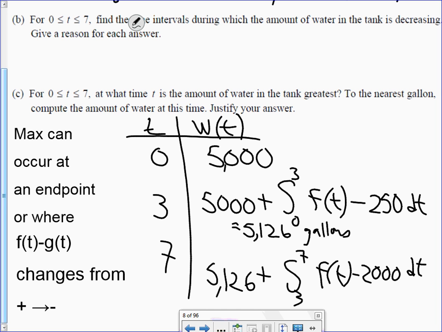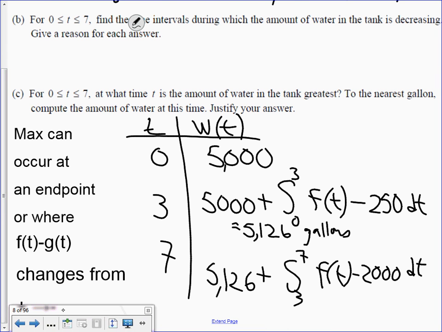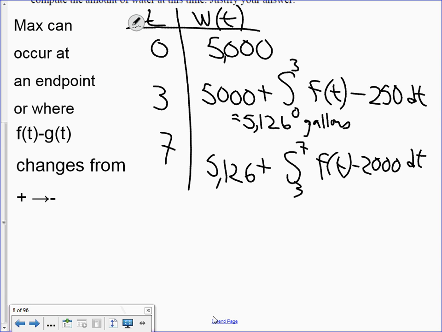See, from 3 to 7, we know the rate out is 2,000. So that works. But you can't go all the way from 0 to 7. What would you put in for rate out? It changes. So this one comes out, I know it's less. Do you remember what it was? 4,000? I'm sorry, 4,500?